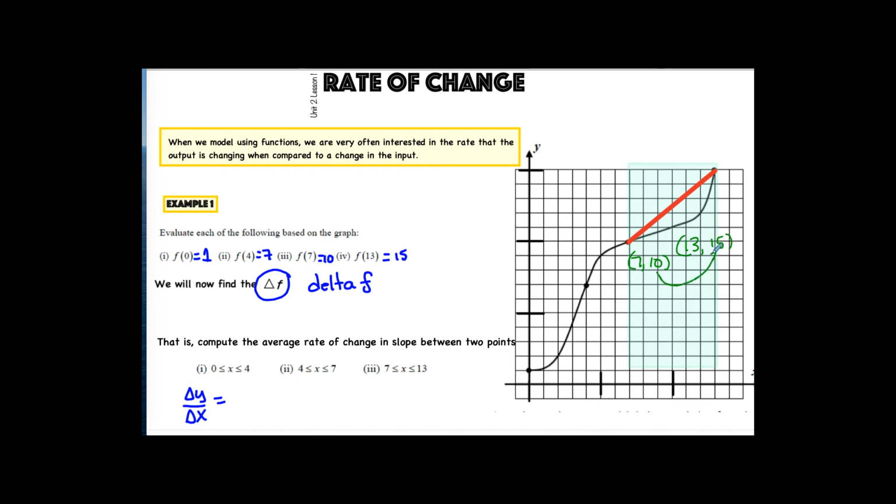What did 10 do to get to 15? I added 5 on. What did 7 do to get to 13? I added 6 on. So that is a slope of 5 over 6. And if I check myself, 1, 2, 3, 4, 5, up, 1, 2, 3, 4, 5, 6 over.